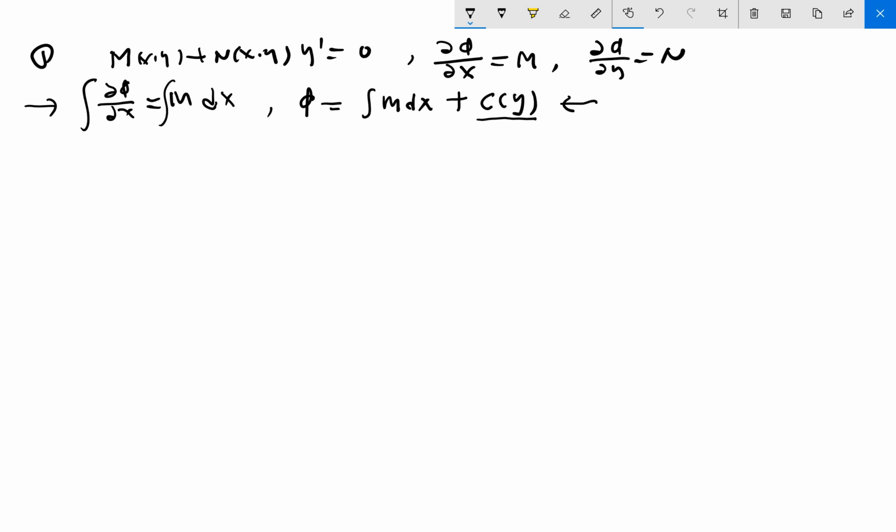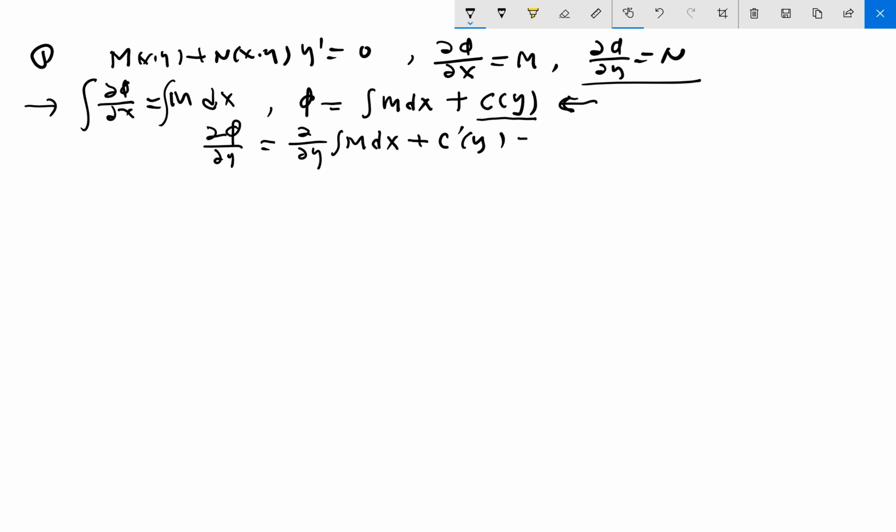We can find such one by using our second condition. What is the second condition? From this equation, we take a partial derivative with respect to y. Plus c prime of y.